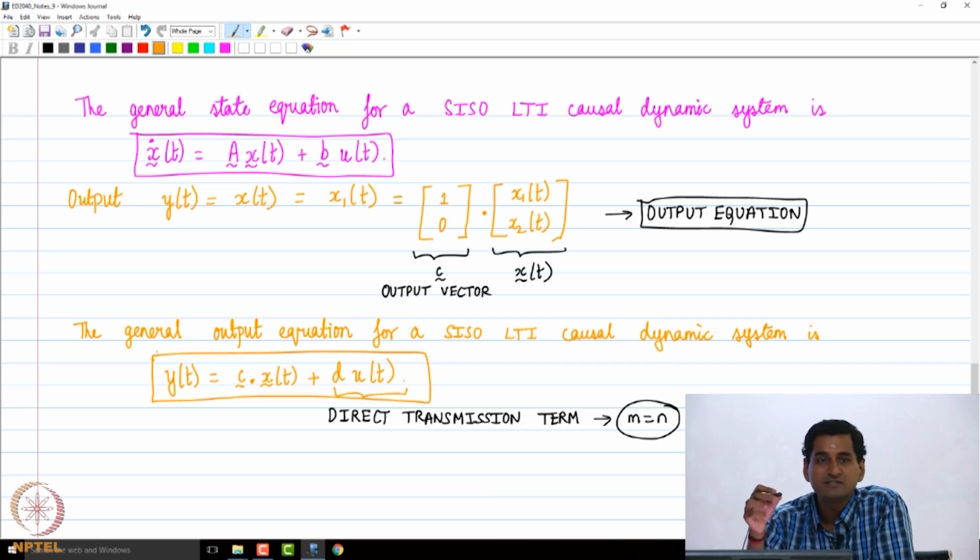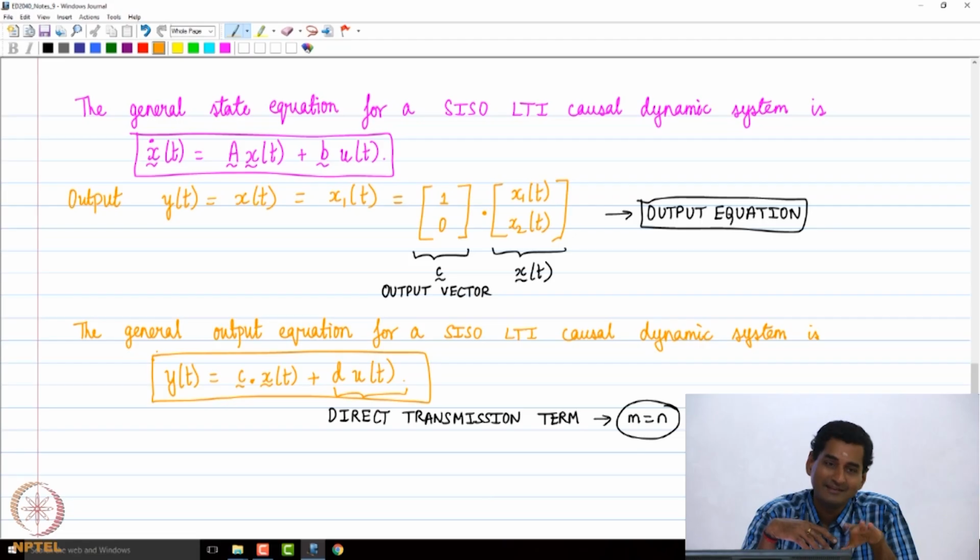See, what is going to happen is that if you have m equals n, think about the transfer function approach, right? We did not do any case where m is equal to n yet, alright, but let us say if m were equal to n for any transfer function, what do you think will happen when you take the partial fraction expansion and inverse Laplace transform? You will have one constant which will come in, because why?